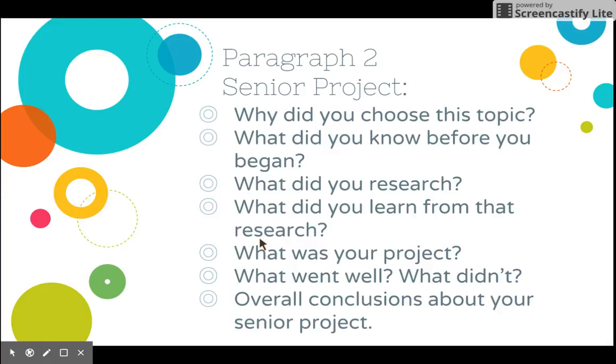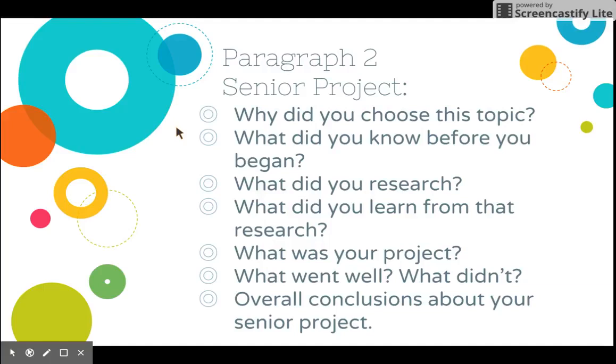In your second paragraph, you're going to talk about the actual project itself, and these are all the questions that you should really think about when you're writing that paragraph. Not every single one of these questions is going to be applicable to you and your project, but answer as many as you think are meaningful, relevant, reasonable, and appropriate.